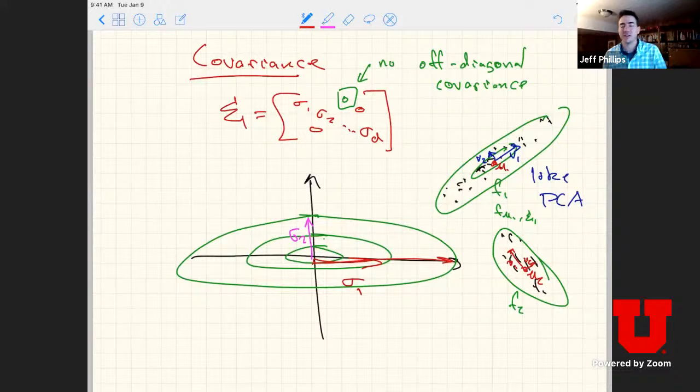I'm not going to need the actual singular vectors; this is just a way to help think about it. Okay, so I want to capture this data by these two functions. How do I fit the best two Gaussian distributions on top of this data set? And this is the mixture of Gaussians problem.